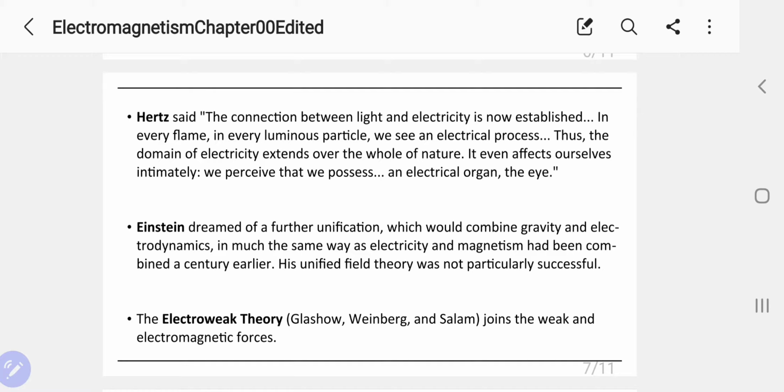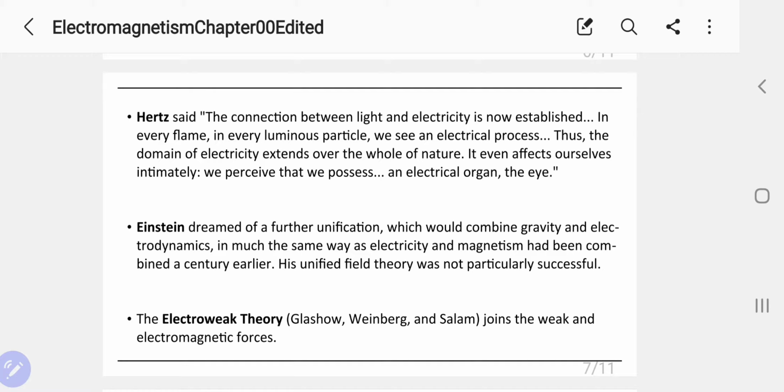Einstein, in the early part of the 20th century, dreamed of a further unification by combining gravity with electrodynamics. But he was not successful.